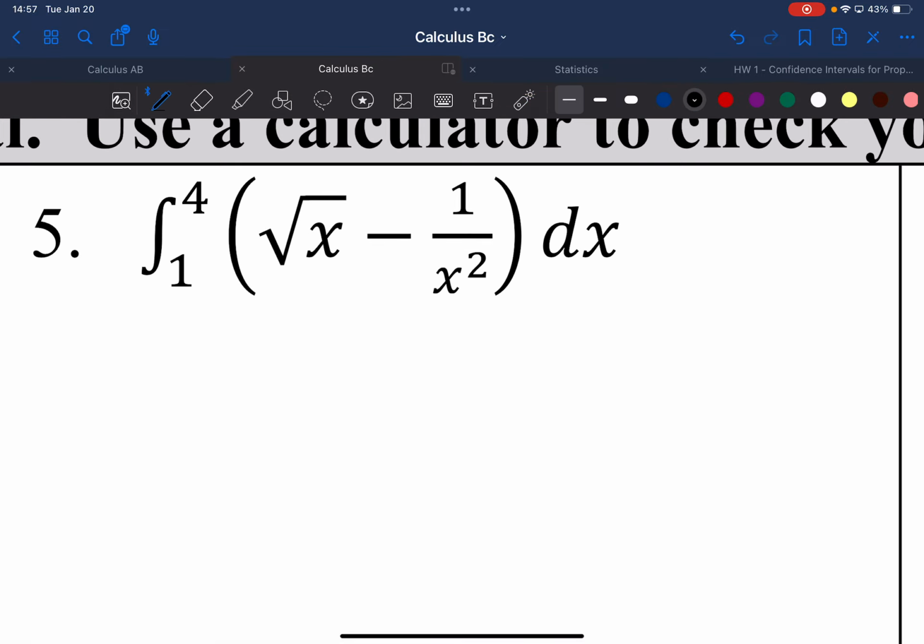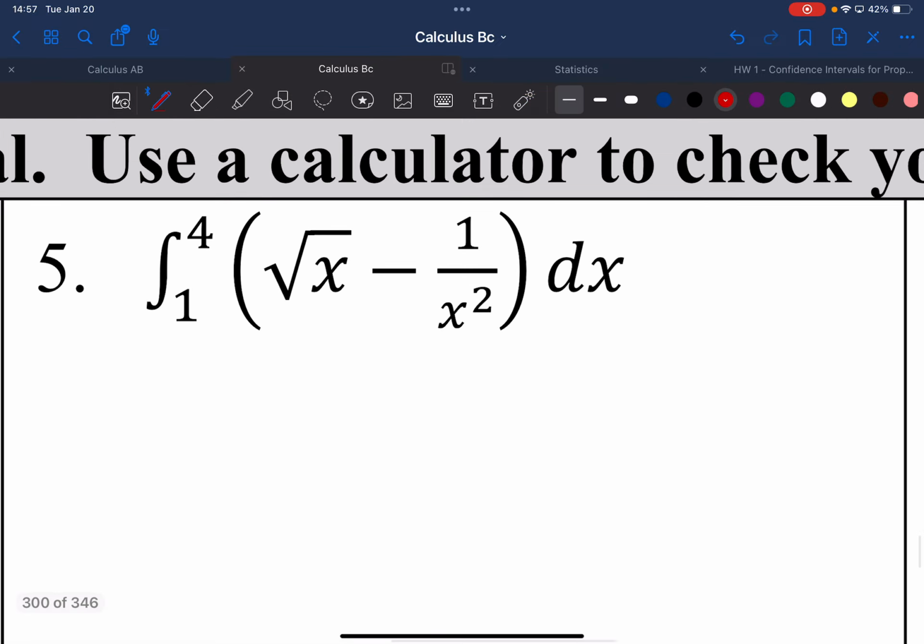Okay, number 5. The first thing I would do before I find the antiderivative is I would change this to be x to the 1/2. And I would also change this to be x to the negative 2. Okay. Make it easier when I take the antiderivative. Okay.